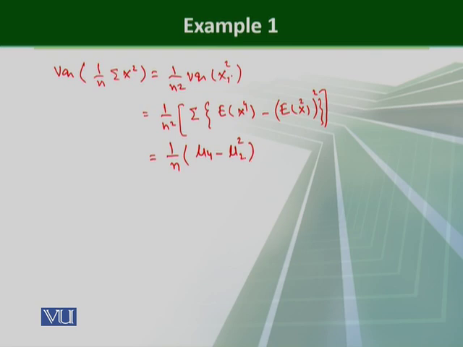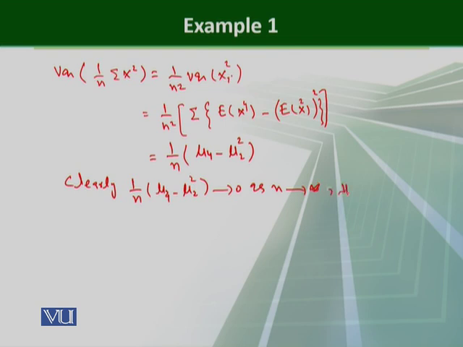Now clearly 1 over n into mu 4 minus mu 2 square tends to 0 as n tends to infinity.